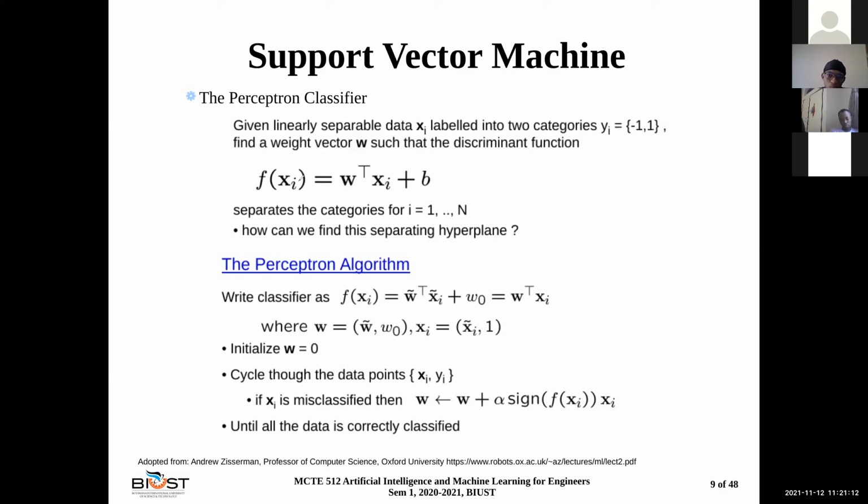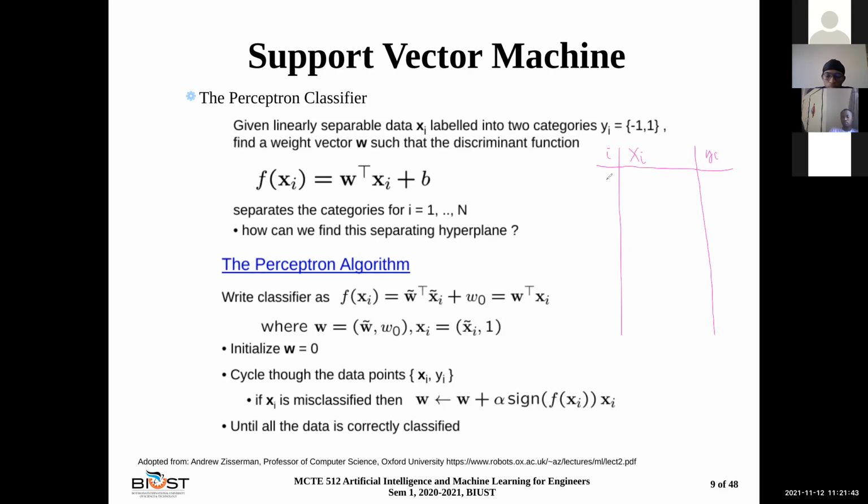Let's say you have i, and you have your xi, your data value. Xi can be x1, x2, and your yi is the classification here, -1 or +1.